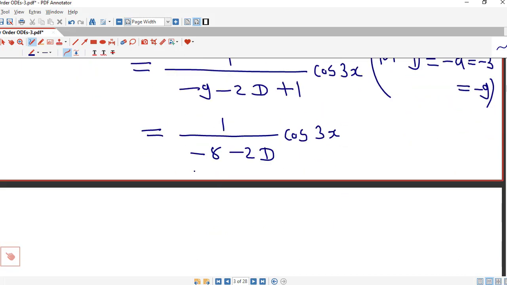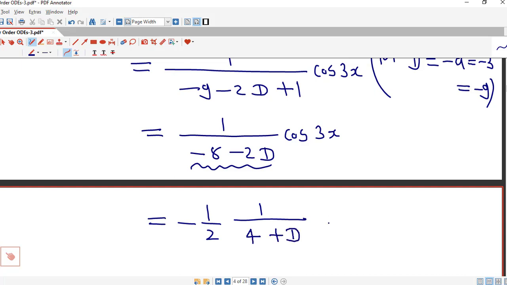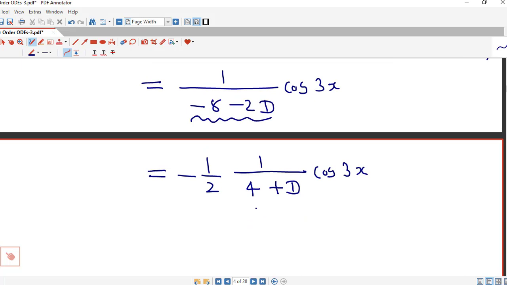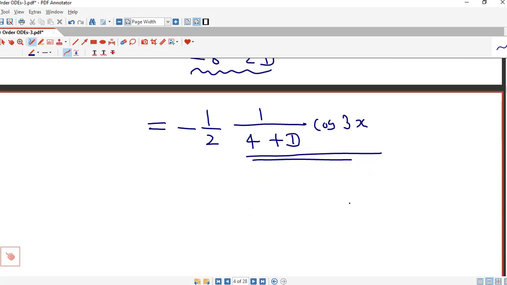Again we can take minus 2 common from this, so we have minus 1/2, and this is going to be 4 plus D cosine of 3x. So let me check, minus 2 into 4 is minus 8, minus 2D. Now in this term there is no D square, so we have to get D square.